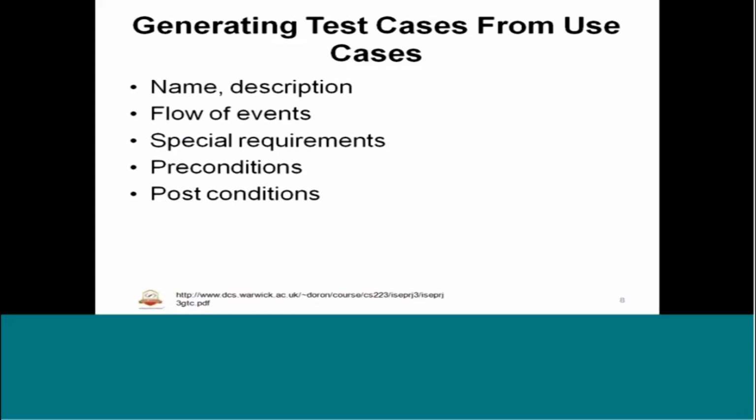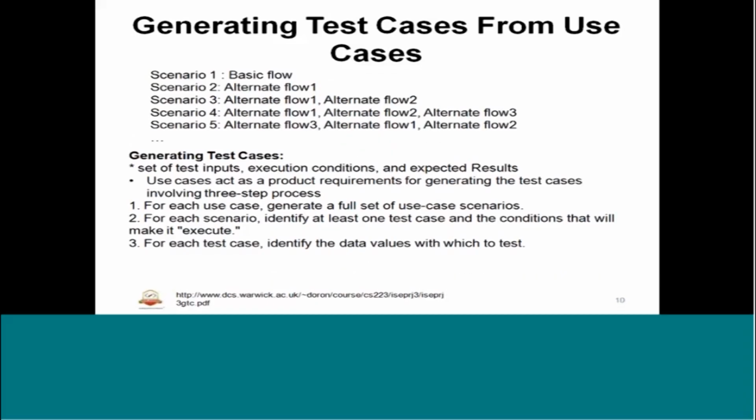Each use case will have a description, and this description is being used as a textual input for analyzing the scenario and writing the test cases from the use case. So there should be at least one test case for each scenario, but there will probably be more actually, depending subjectively.